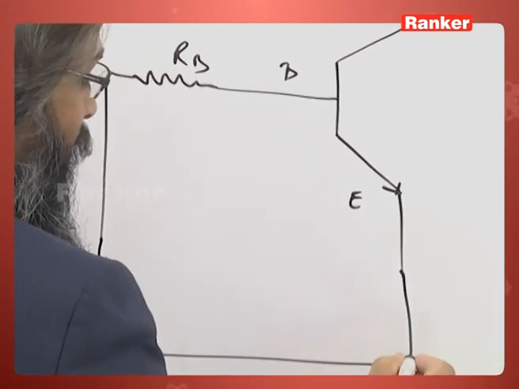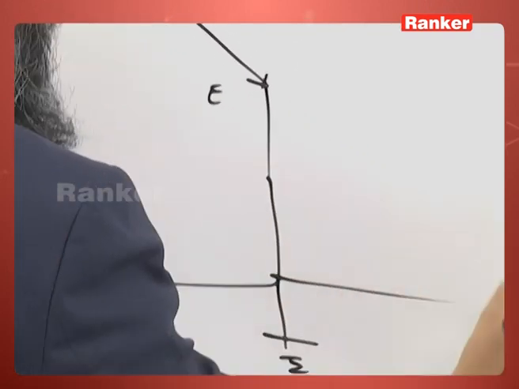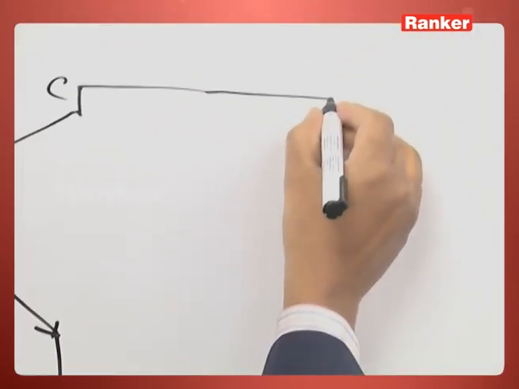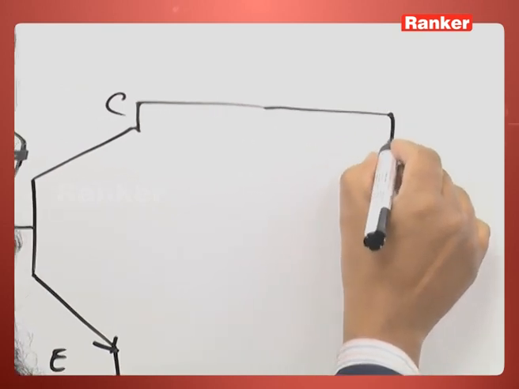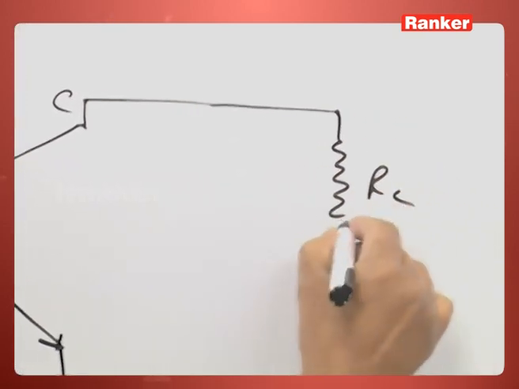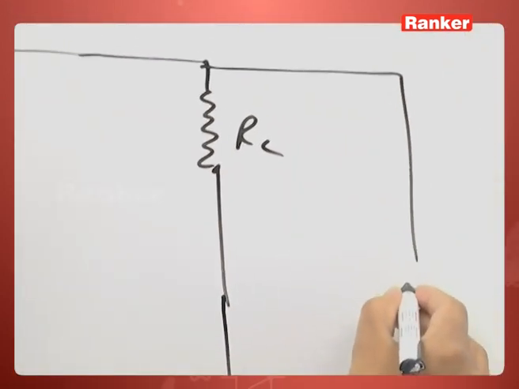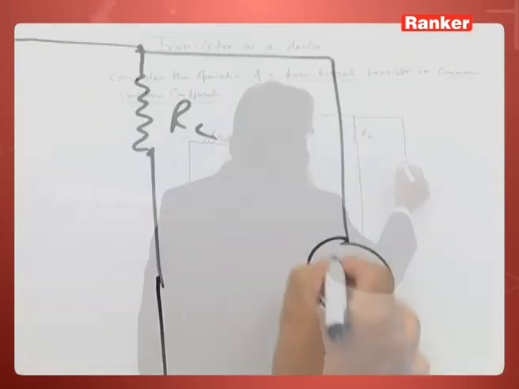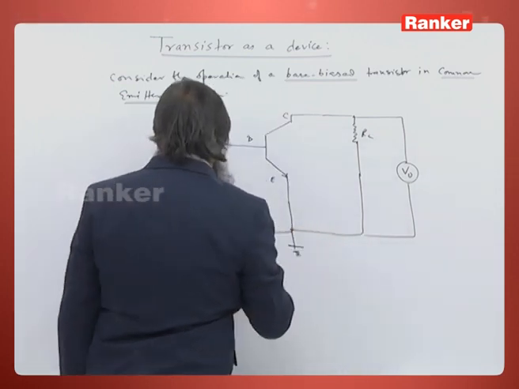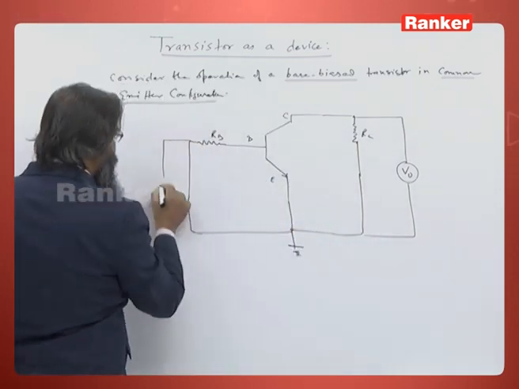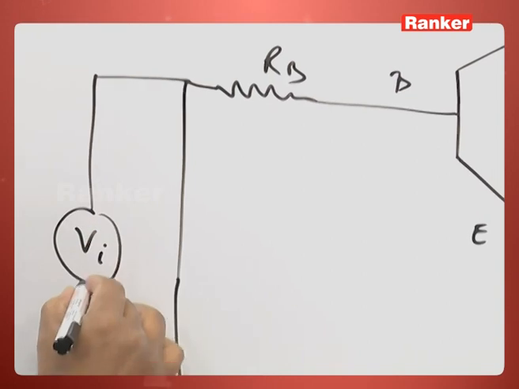Here again we have RC, then again I have to give a biasing, and we are taking V out here, and here we give V input.